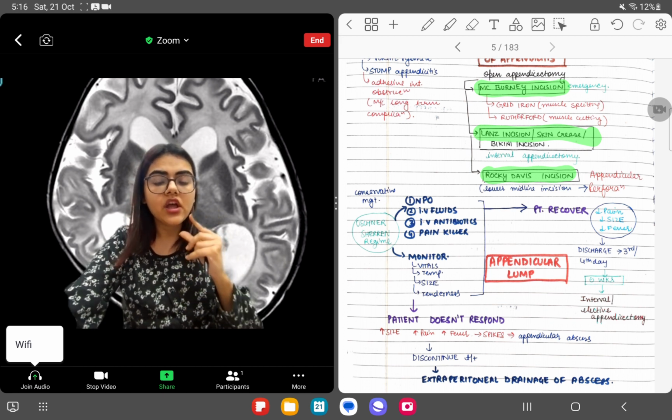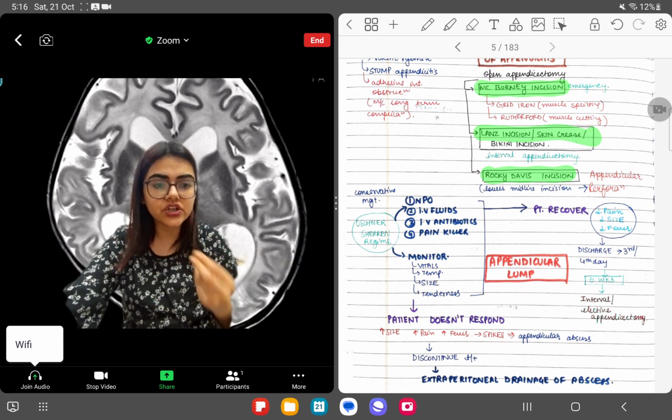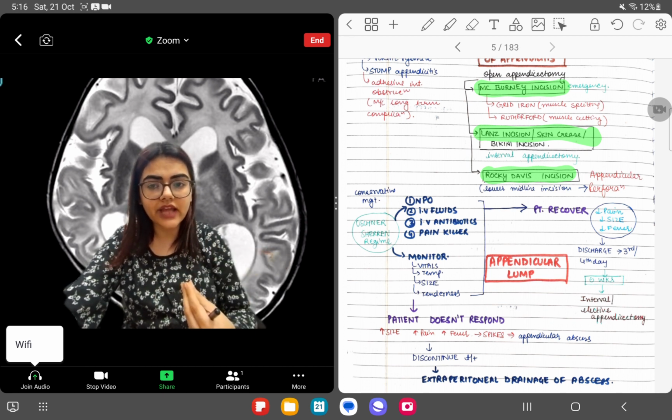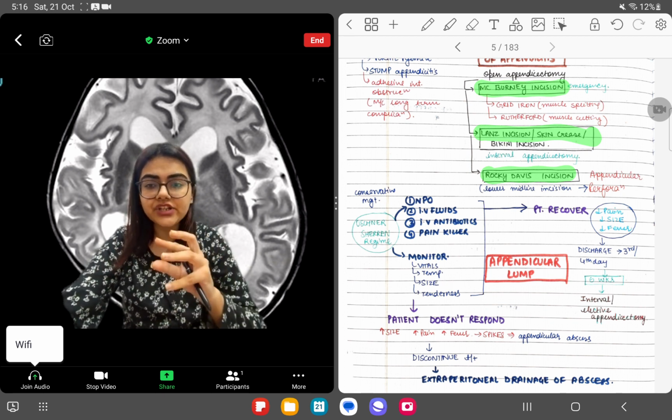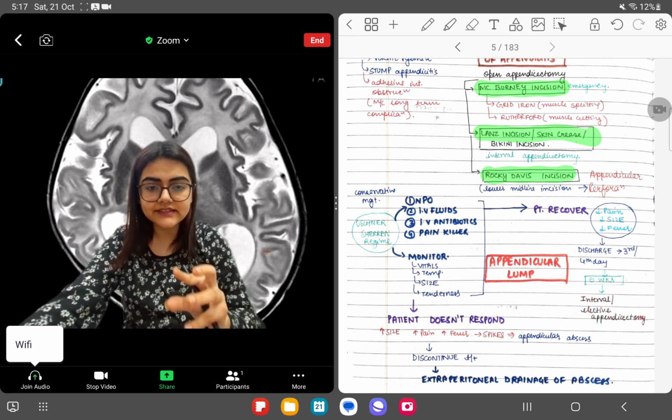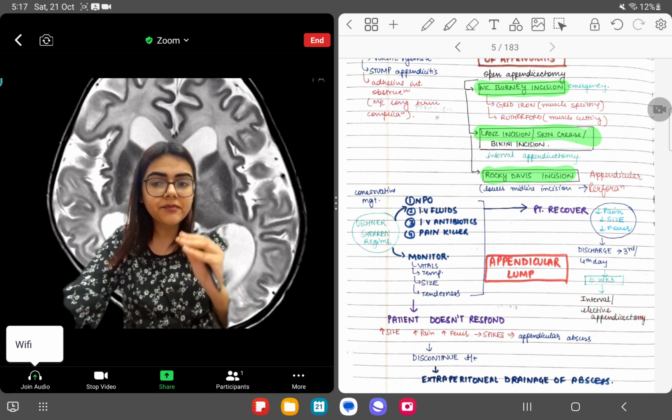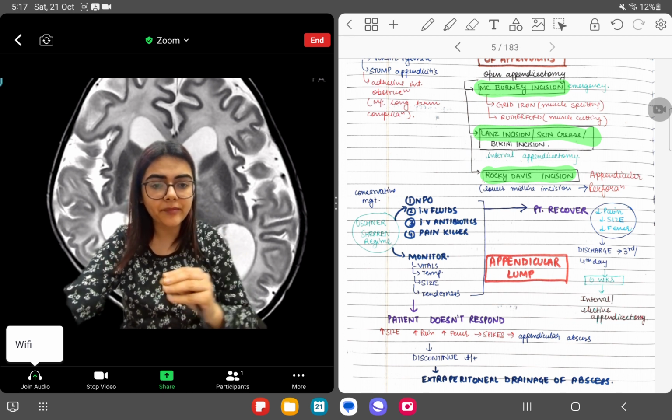Okay. Now if there is discharge on third or fourth day, then at 6 weeks we do interval appendicectomy or elective appendicectomy. Okay. Now if the patient is not responding to Ochsner-Sherren regime, we will monitor the vitals of the patient, we will monitor the temperature, size and tenderness of appendicular lump.